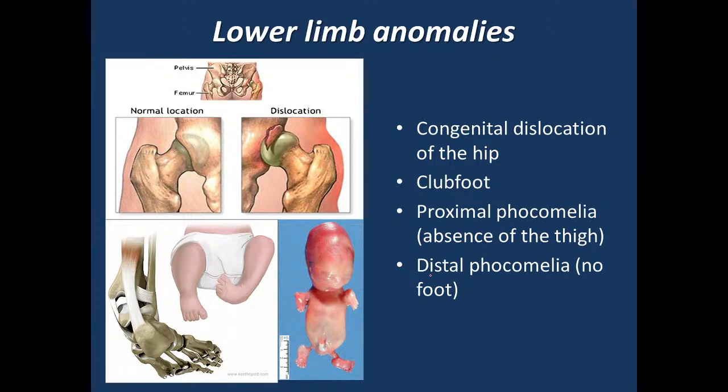Some of the anomalies we distinguish after the long development of the lower limb, and the most often are anomalies connected with the hip joints, which we call congenital dislocation.